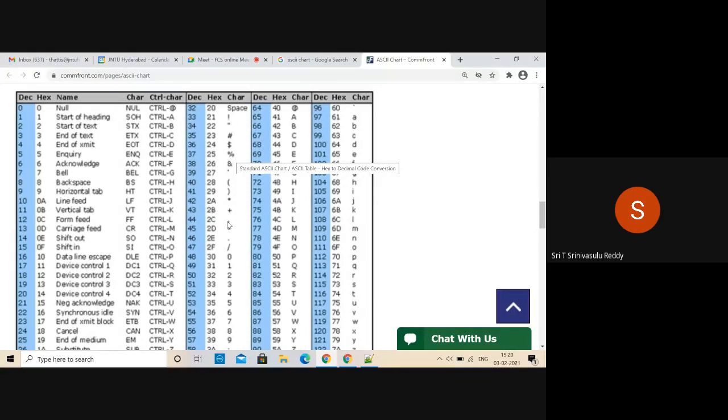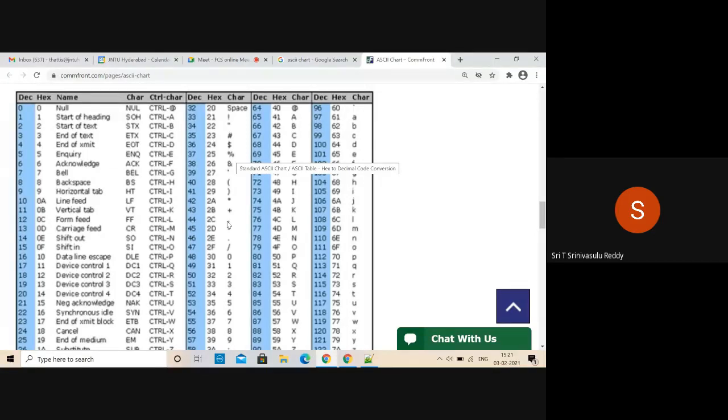Later, there is one more, a recent phenomenon, which is called Unicode. Unicode characters we use to represent even what we call natural language characters. So this ASCII is mostly confined to the English language. You want to represent natural languages like Telugu or Hindi.